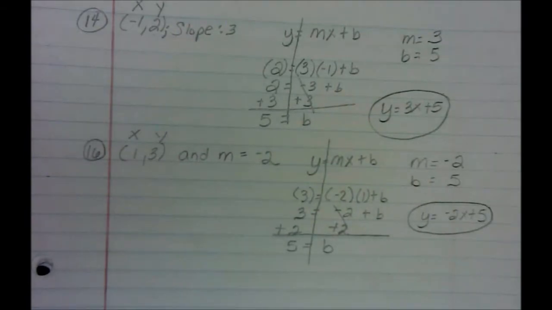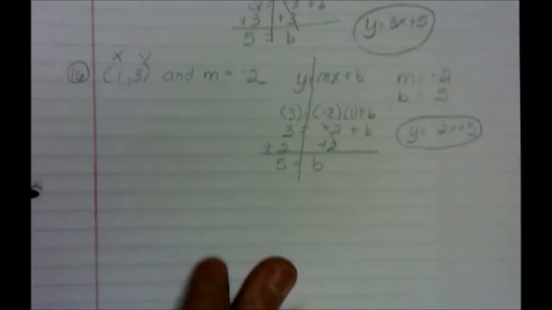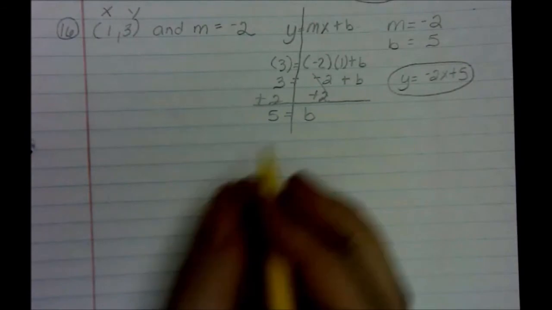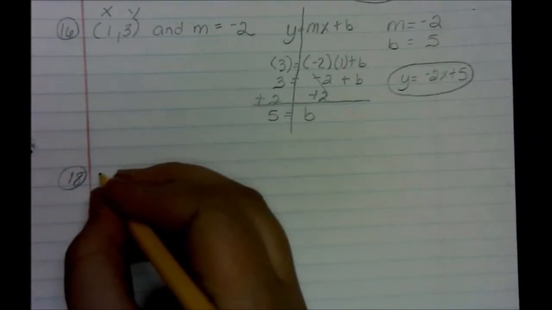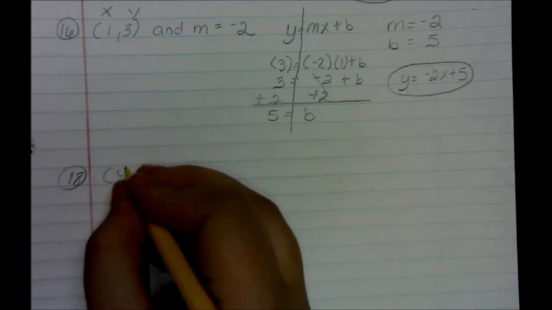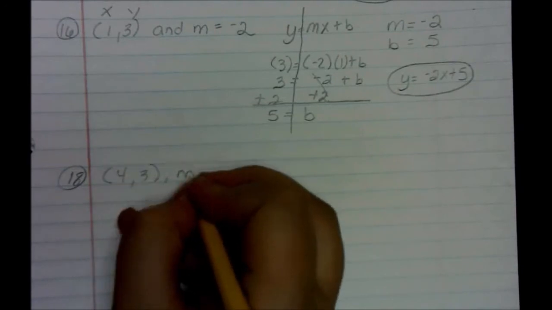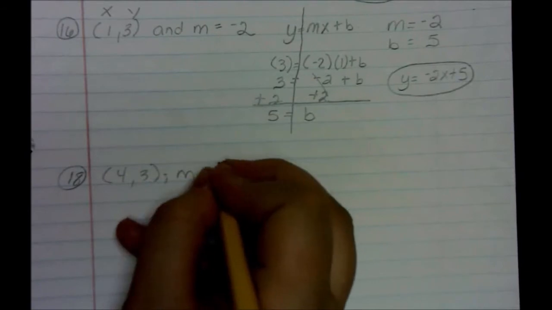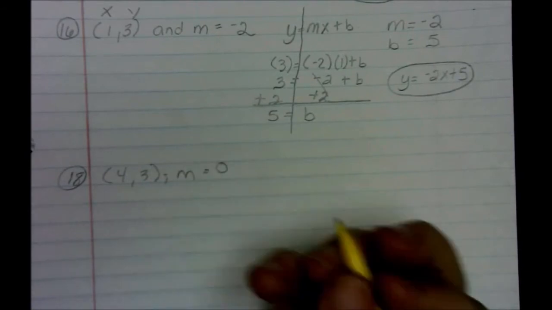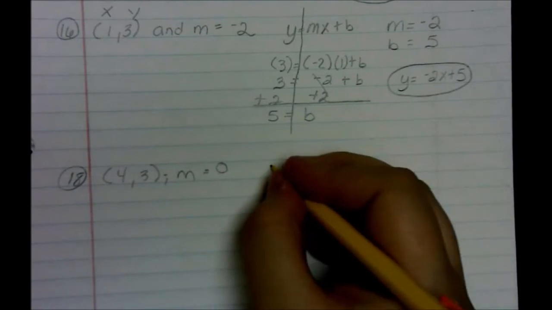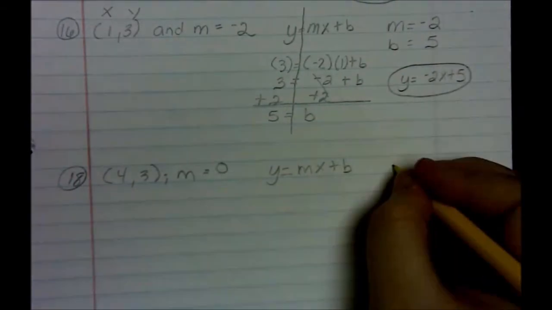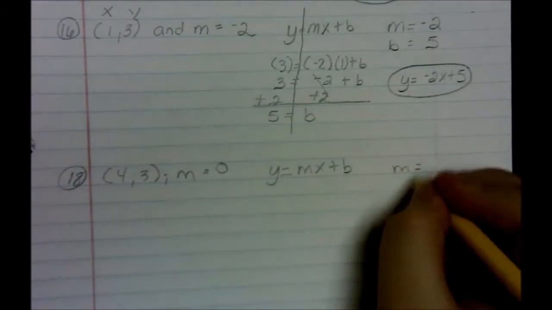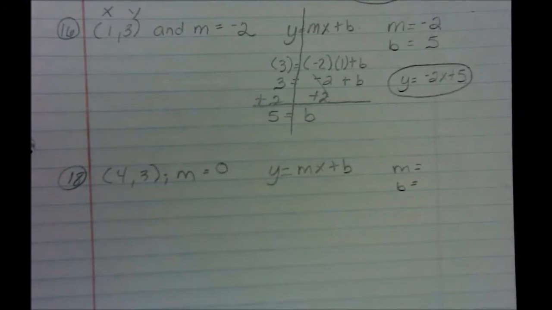So now to look at number 18. They give me the point (4, 3) with my slope as 0. So I'm writing the equation of a line, so I write y equals mx plus b, m equals, b equals. That's no different than everything else that we've done so far.